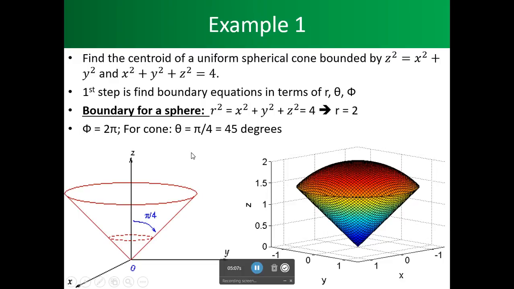And what about for the cone? We see here that this is 45 degrees. As you take this 45-degree angle from the z axis over, it will go 360 degrees around.